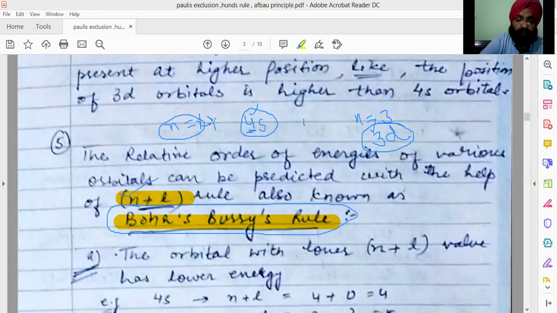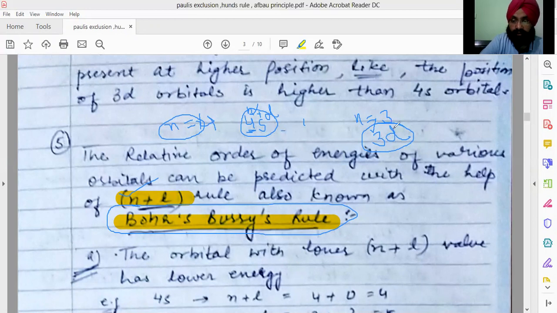So here I take the example of 4s and 3d orbitals. In the case of 4s, n plus L is 4 plus 0, because for s, L is equal to 0. So this is 4.